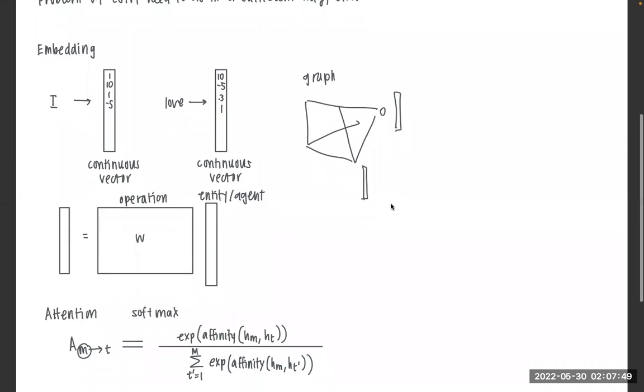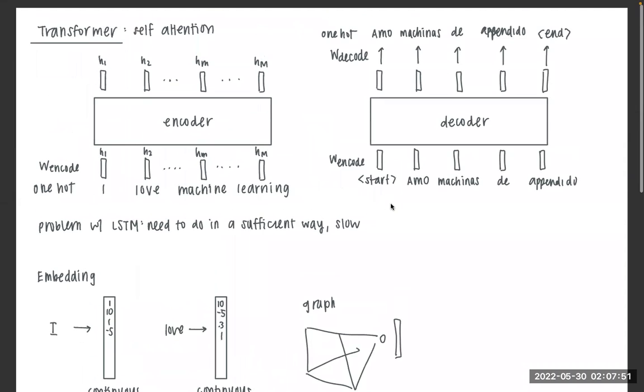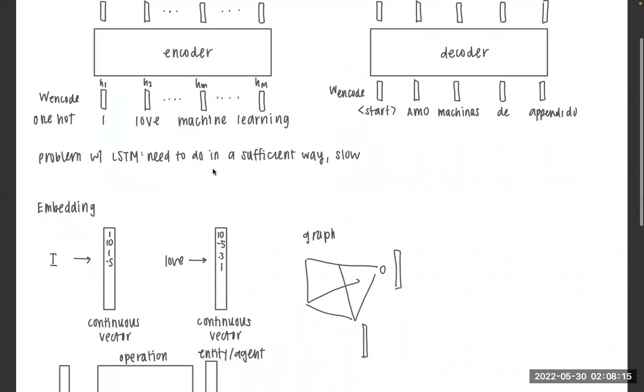But then as to this attention mechanism, let's first look at the encoder, because the decoder is similar to the encoder with some extra elements added. So for the encoder, for the initial embedding, we have capital M vectors, right? And then each vector, say h small m, will pay attention to other vectors.